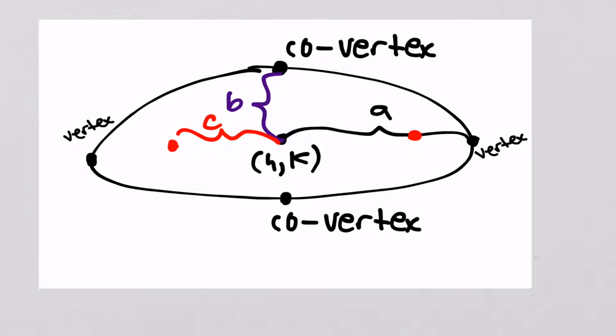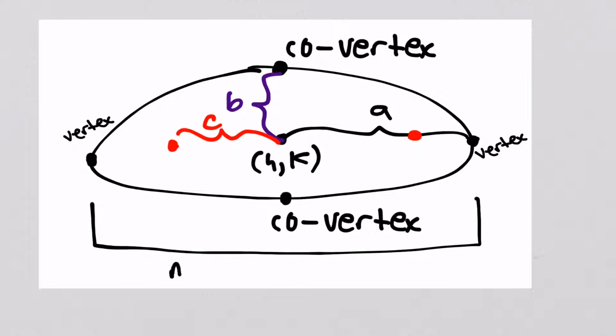Now the other important pieces we're going to look at is the distance between the vertices. That is called the major axis. And notice if it's from the center to one vertex is a, then from one vertex to the other vertex has to be 2a.